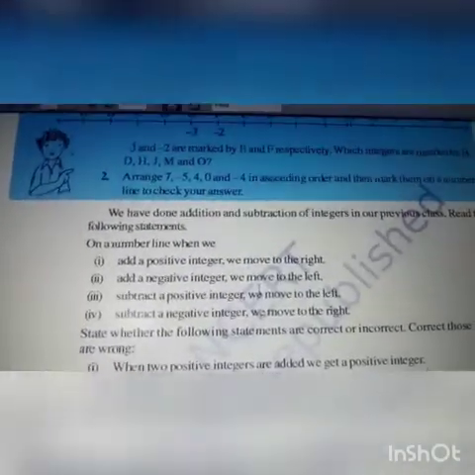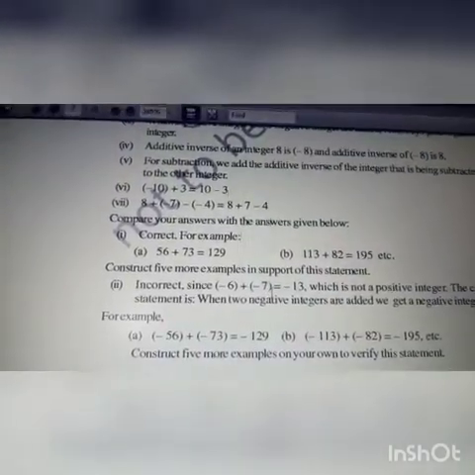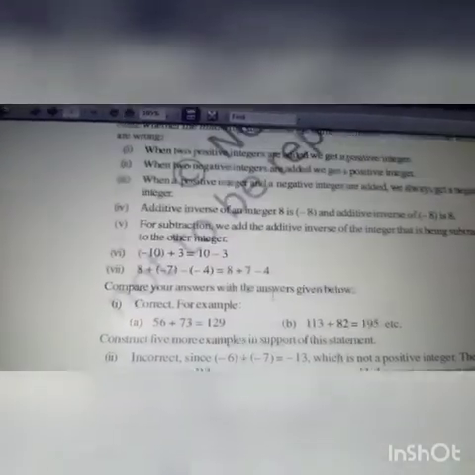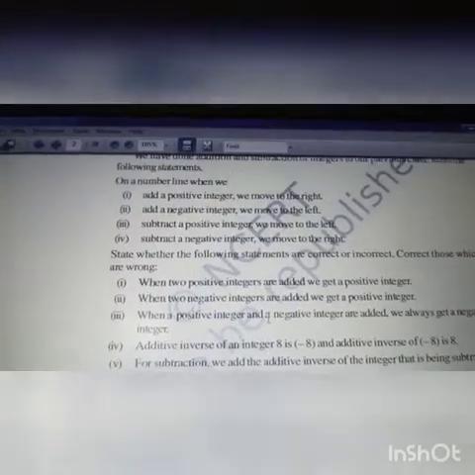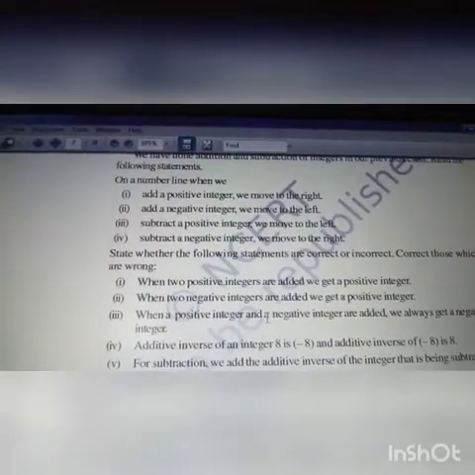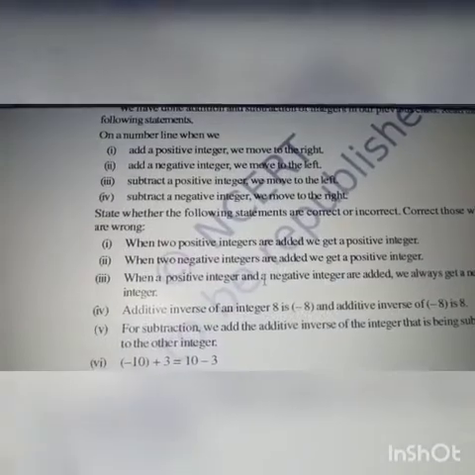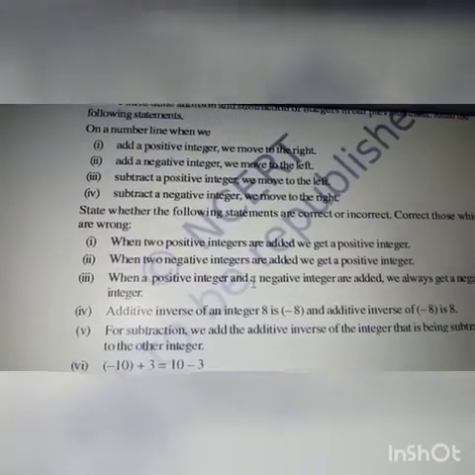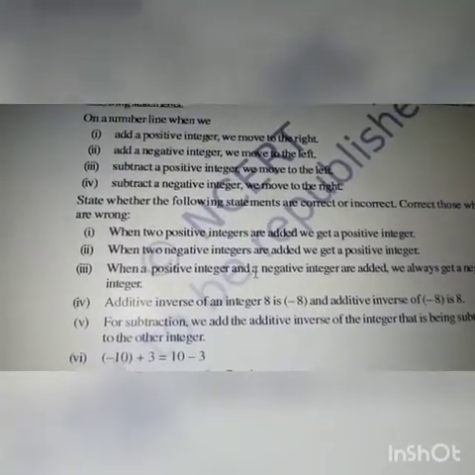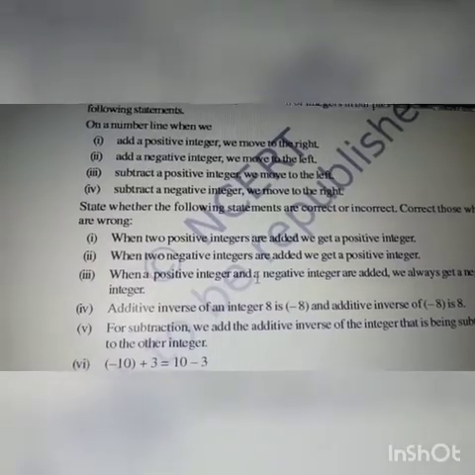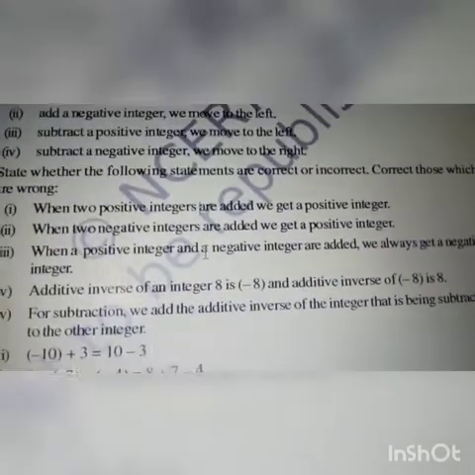Next, you should know the rules for addition and subtraction of integers. If it is the same sign, you will add it and put the same sign. If it is a different sign, you will subtract it and put the sign of the greater number.